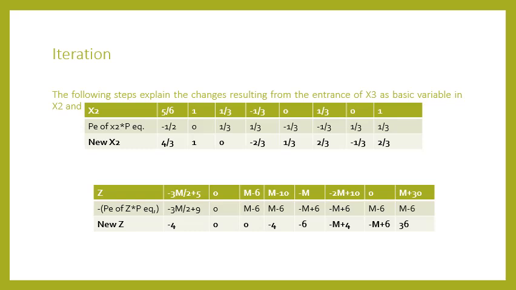Iteration 4. So the following steps explain the changes resulting from the entrance of x3 as basic variable in x2 and Z. We are going to follow the same previous procedure to calculate the changes in x2 and Z. The new x2 as the result of entrance of x3 as basic variable, and the new Z as the result is shown.